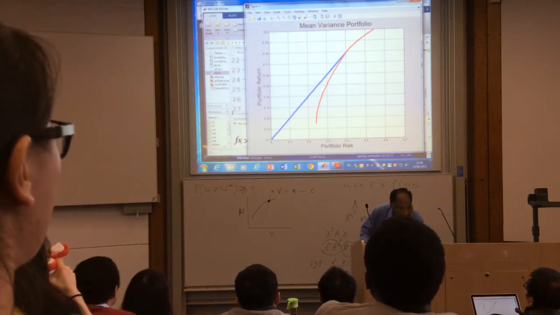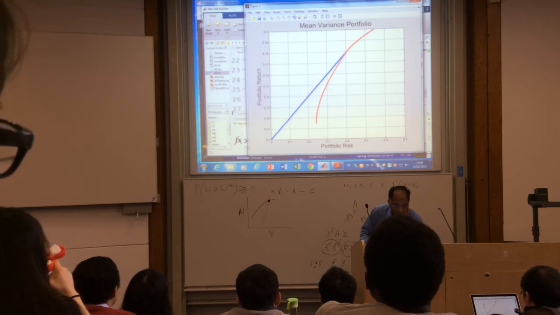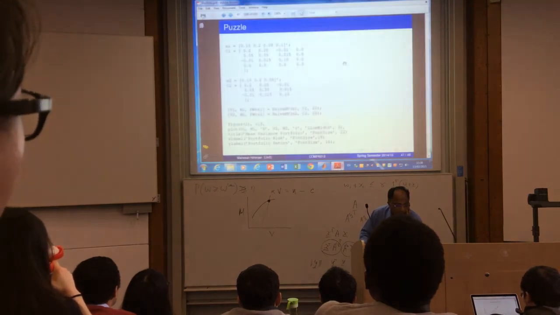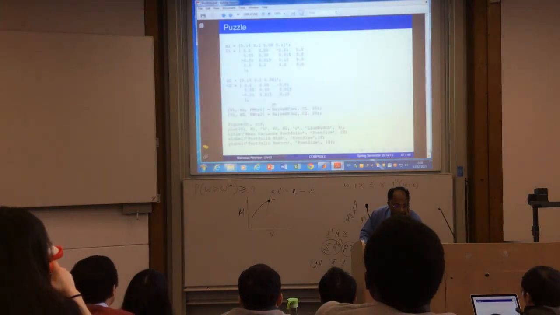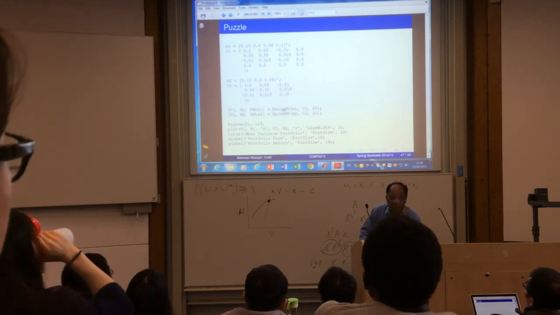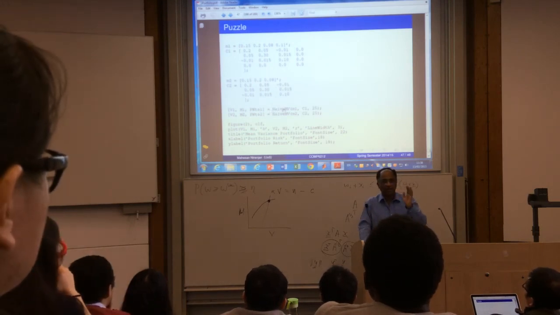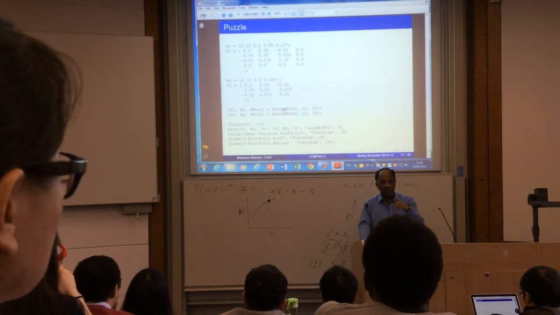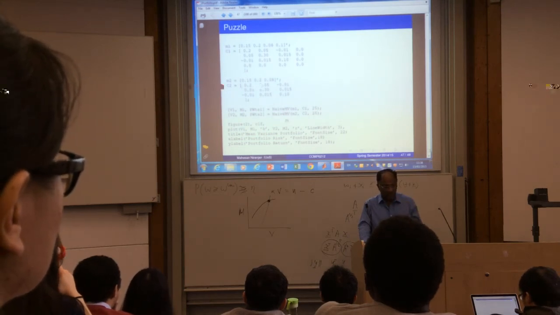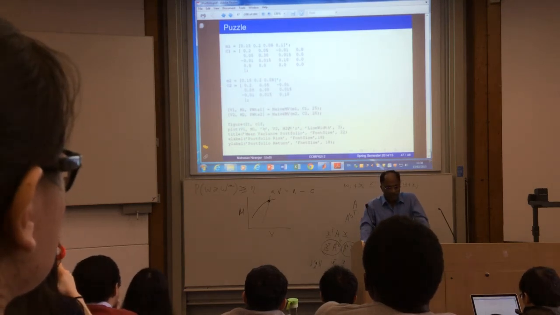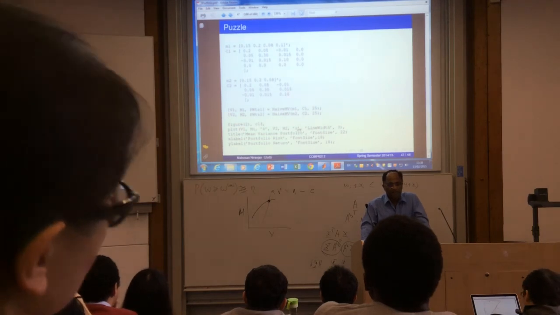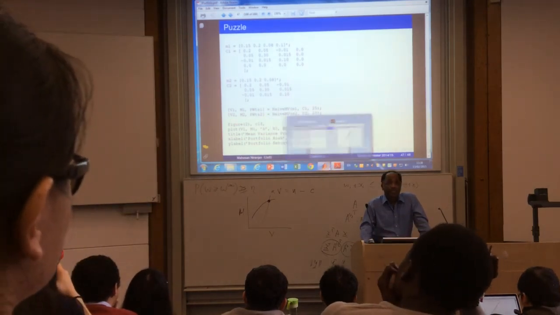What am I plotting? I have solved the Markowitz frontier calculation problem twice, with this one and the other one. And I have plotted one of them in blue and the other one in red. And that's all I've done.